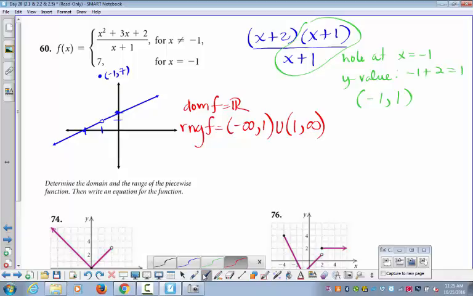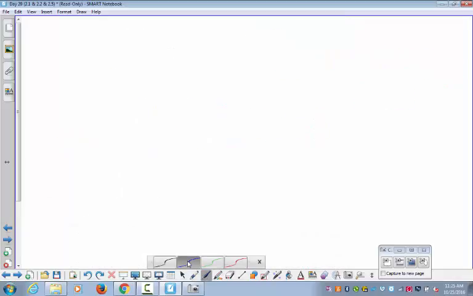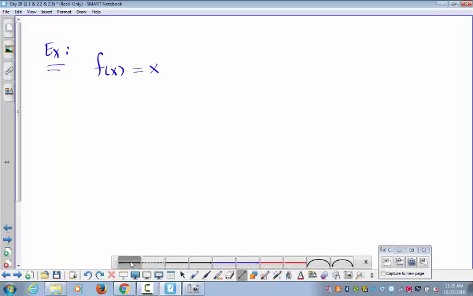Okay, let's do a little bit of rational function review. So let's just start with the simple function. I want to compare the following functions. So the graph of y equals x, right?